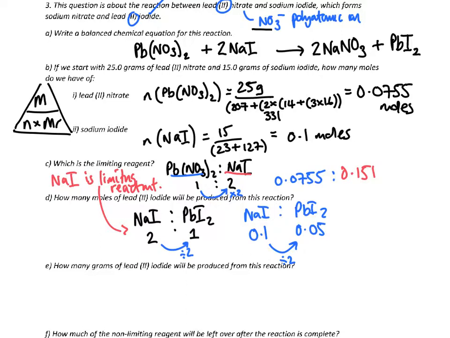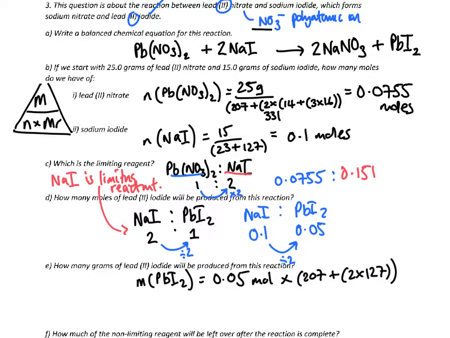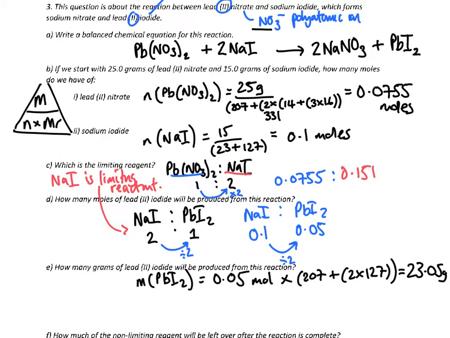So the mass of lead iodide is going to be 0.05 moles times the Mr of lead iodide, which again, if we just put 207 for the lead, we've got 2 iodides, so that's 2 times 127. Add all that together, you work out you have 23.05 grams.